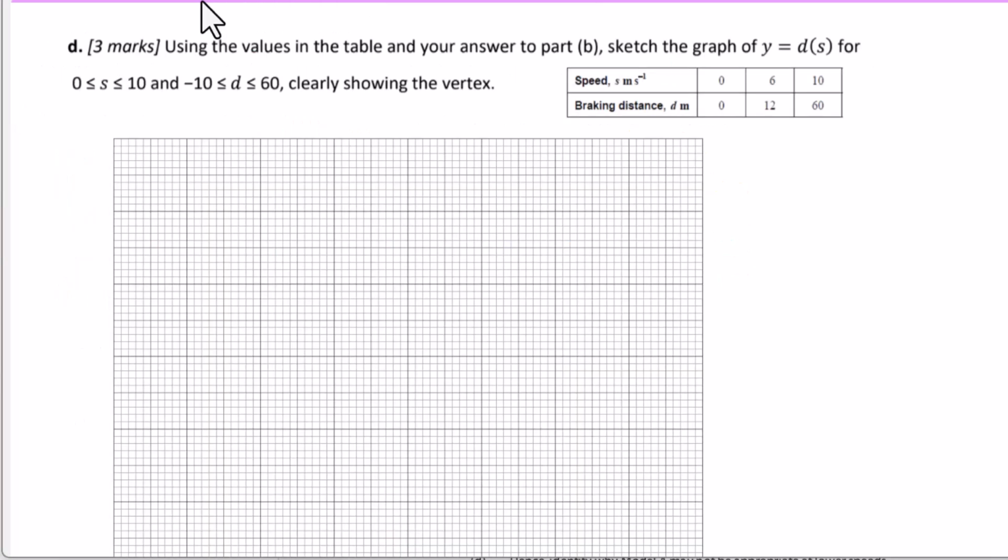E. Using the values in the table and your answer to part B, sketch the graph of y equals d of s, for s greater than or equal to 0 and less than or equal to 10, d greater than or equal to -10 and less than or equal to 60, clearly showing the vertex. For the AISL level, make sure when you sketch the graph, you set up a complete coordinate plane.